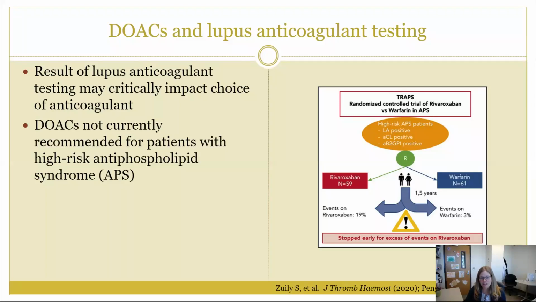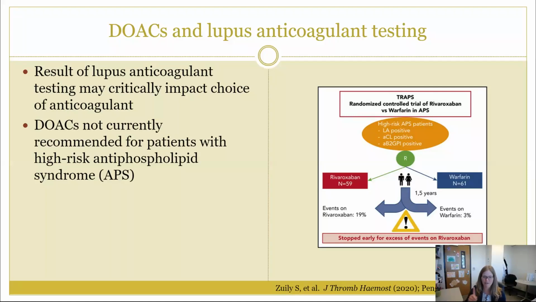So it's important to realize that currently DOACs are not a recommended anticoagulant for patients with high-risk antiphospholipid syndrome. And so there has been a recent randomized control trial that compared rivaroxaban with warfarin in patients with high-risk APS.